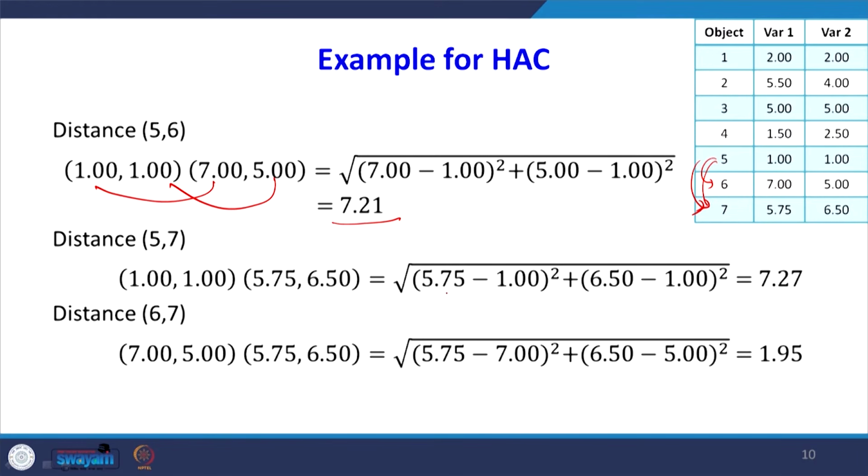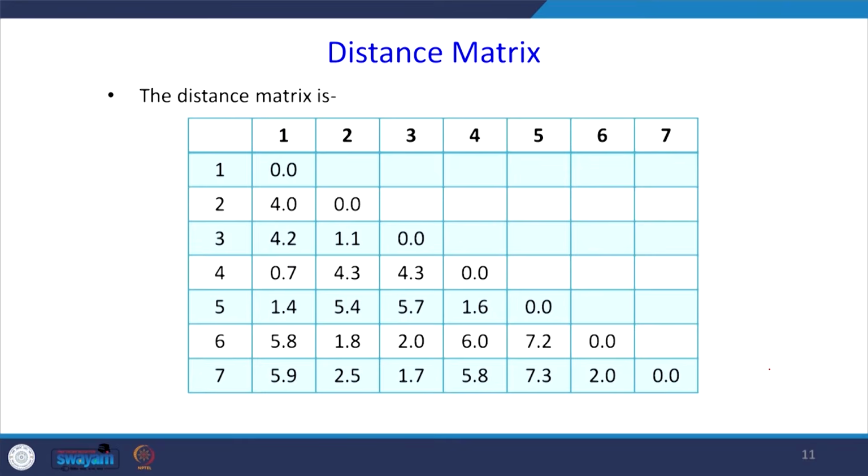So, it is (5.75 minus 1) whole square plus (6.5 minus 1) whole square, 7.27. Now, 6 versus 7. The position of object 6 is 7 comma 5, position of object 7 is 5.75 comma 6.5. So, the distance is (5.75 minus 7) whole square plus (6.5 minus 5.00) whole square, that is 1.95.